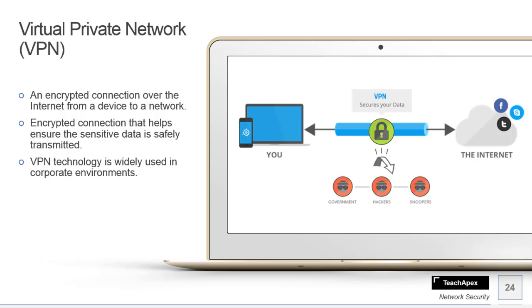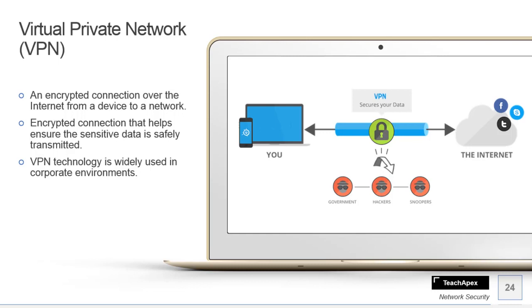And anyone can use it to connect to your VPN, right? It's a technology widely used in corporate environments because today employees are sitting at their homes, or connecting to the corporate network from different locations, right? So they need to maintain the security of their network. That's why organizations today are using VPN, because it secures your data from being hacked or interrupted, right?